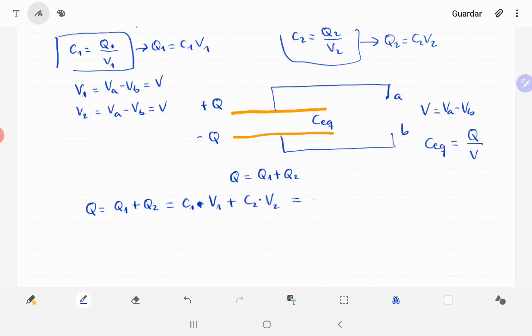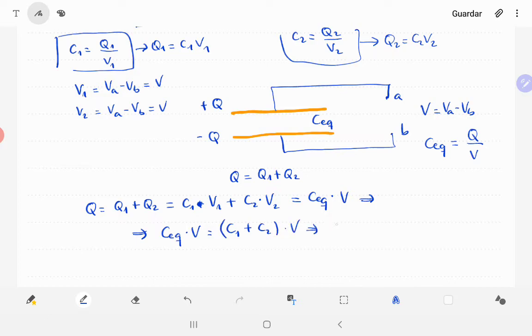And this has to be equal to the equivalent capacitance times V. As V1 and V2 are equal to V, the equivalent capacitance times V has to be equal to C1 plus C2 times V.